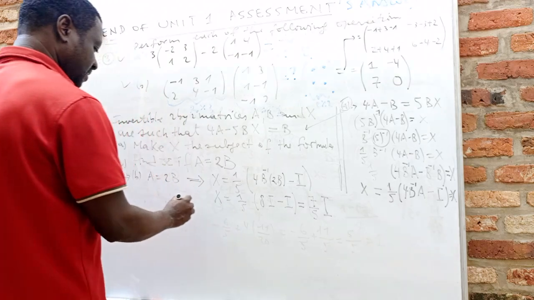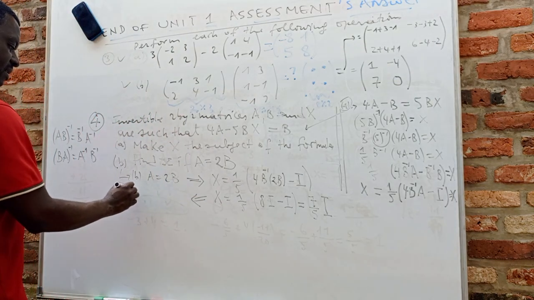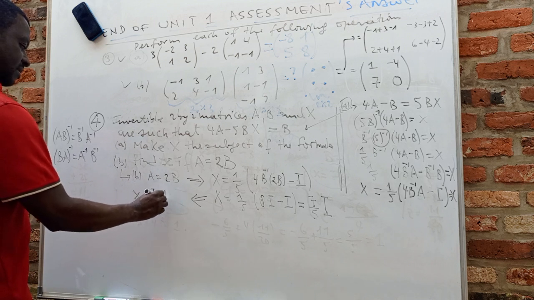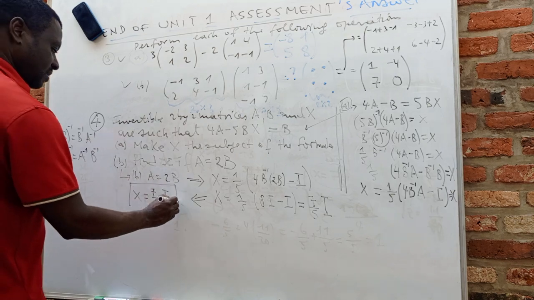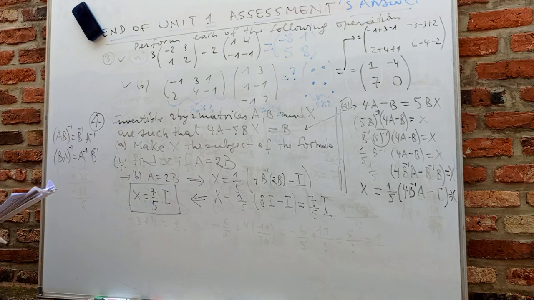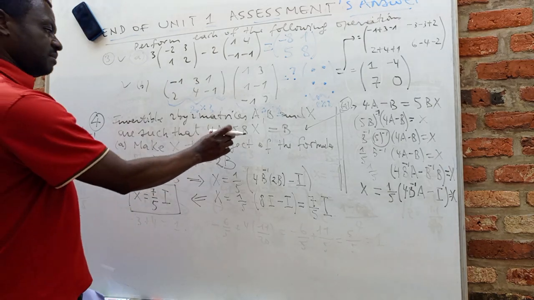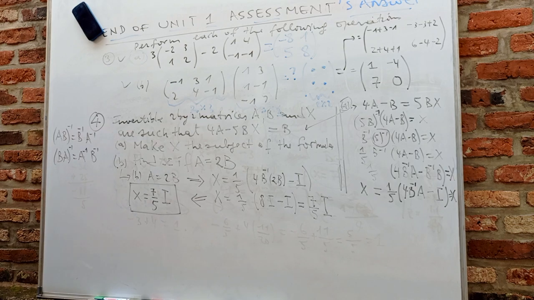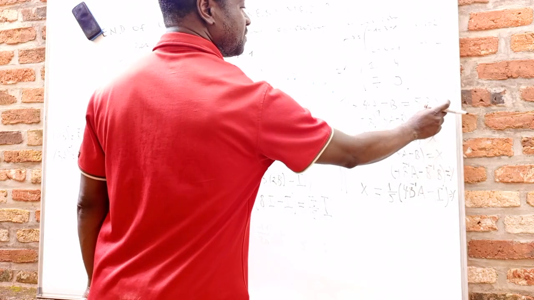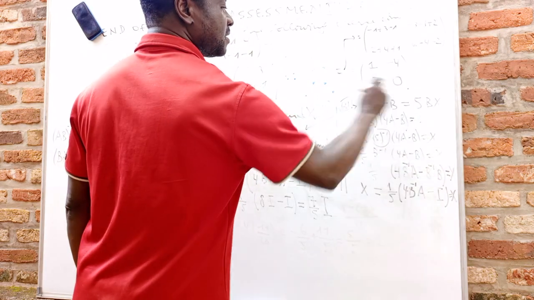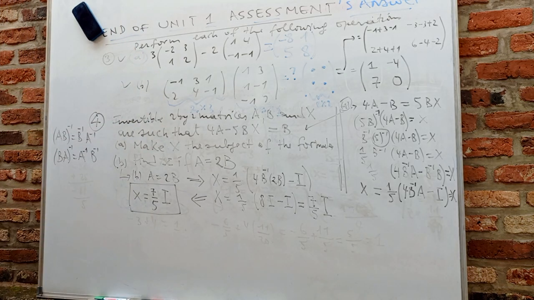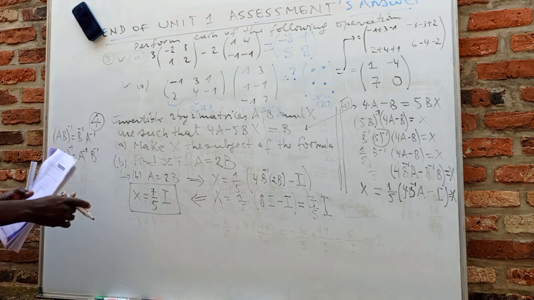So in other words, X is a scalar multiple of the identity matrix, depending on the size of matrices A and B, because you can see this has the same size, which means that B and X and A are square matrices. So in this case, we have the answer for question 4.